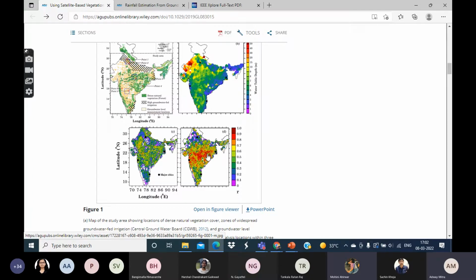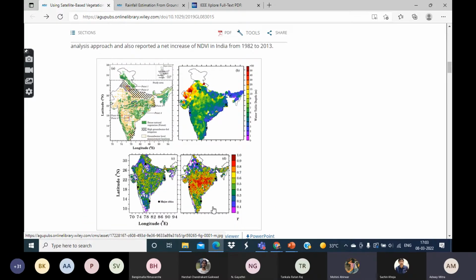And as they have claimed, these places where the correlation is highest are also the places of natural vegetation mostly, either along these forested regions of Madhya Pradesh, Odisha, Jharkhand, etc., and also along the western coast. So here we see a reasonably high correlation. While in the northern regions, say the upper Gangetic Plains, Punjab, etc., there the prediction is not so good.